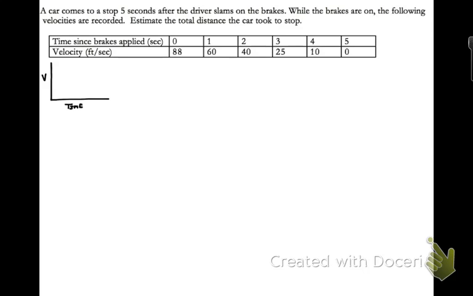So here's 0, 88, here's 160, here is 240, here is 325, 410, and 50. Right, so there's some data.